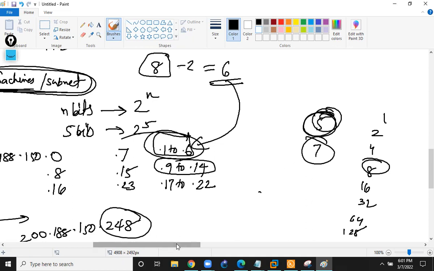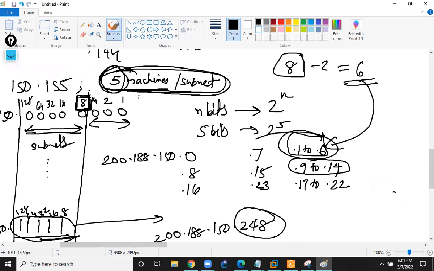So let me tell you one more method here. If you are asked how many machines are there in the subnet, you can calculate it using another method, with the equation 2 raised to n, where n is bits. So here, how many bits are there for the host portion? 3 bits. Everyone getting it? Okay.